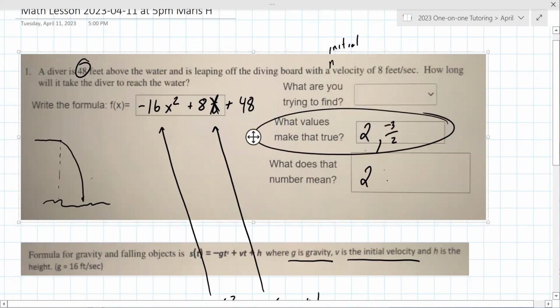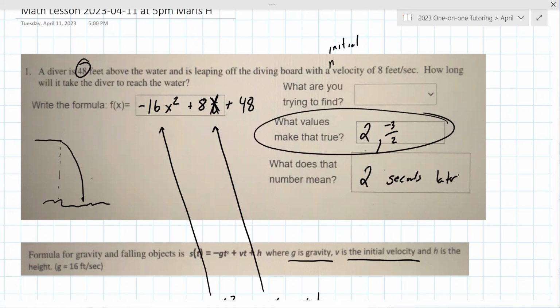So in this case, you would say 2 seconds later, or 2 seconds after jumping off.